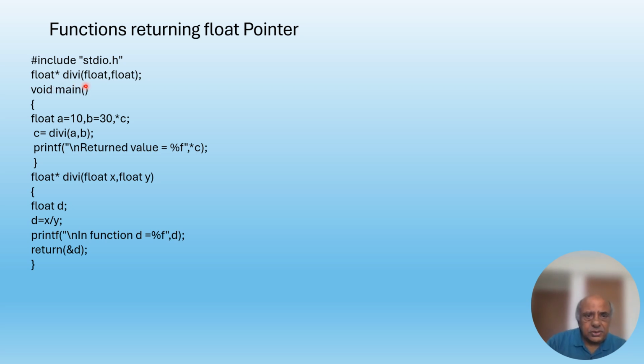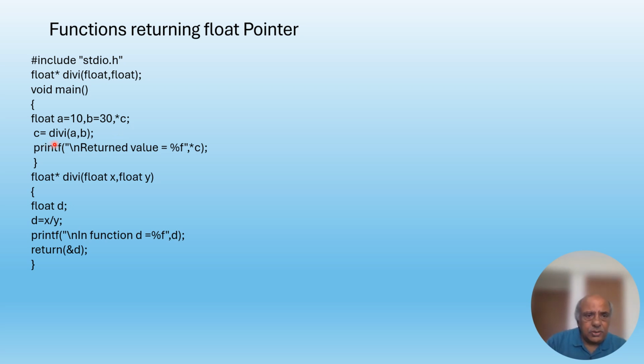The name of the function is dv, which is short for divide, and we are passing two float values to this function as its arguments. We have declared two float variables a and b, assigned 10 and 30, and we have again declared a pointer variable c, which is a float pointer.